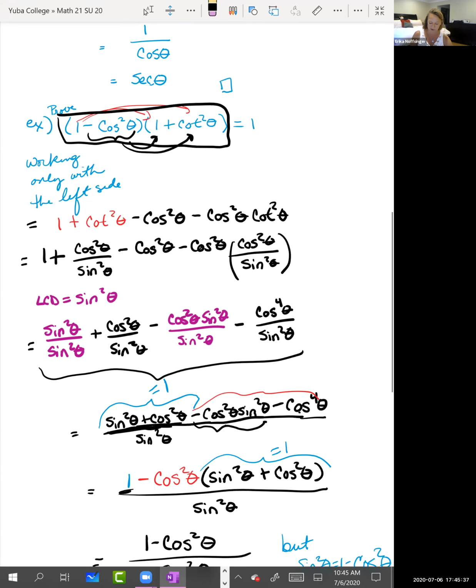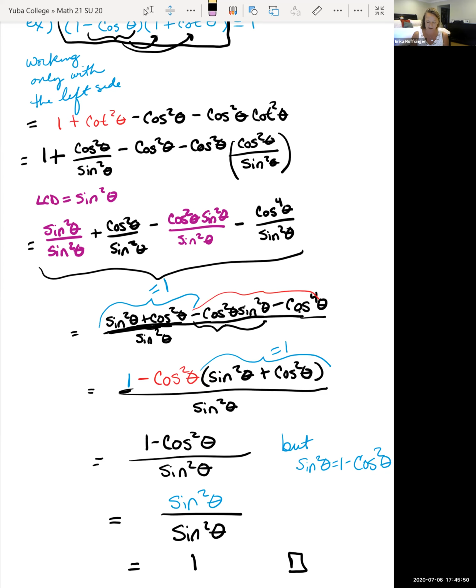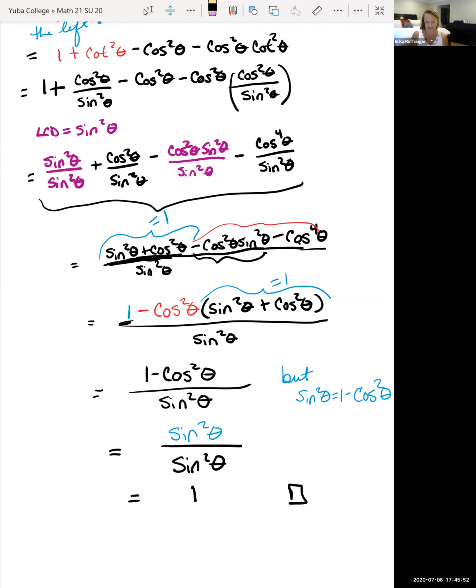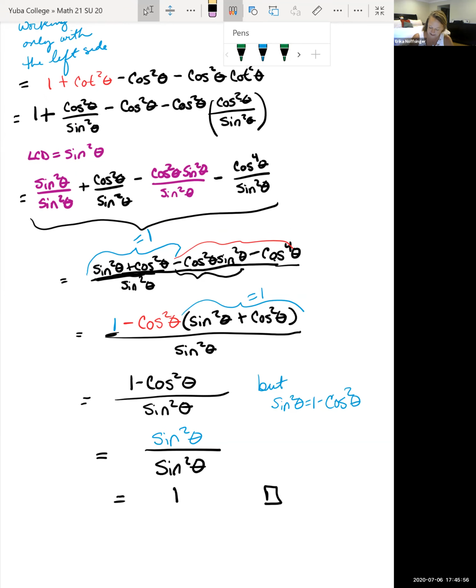But that also is 1. And so when you take that red negative cosine squared theta times this 1, it's just that we have that 1 that we brought down from the other cosine squared plus cosine squared minus this. And then this is where just identifying that identity, sine squared theta plus cosine squared theta equals 1.